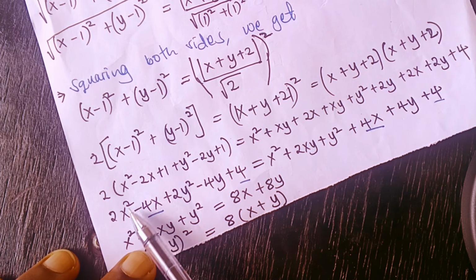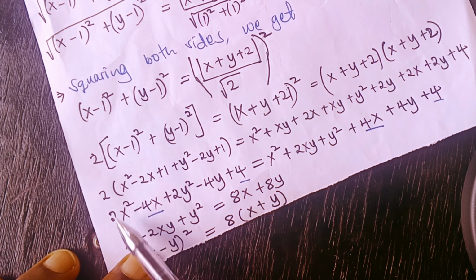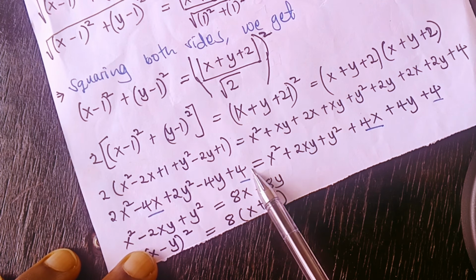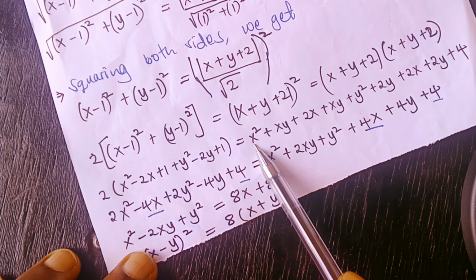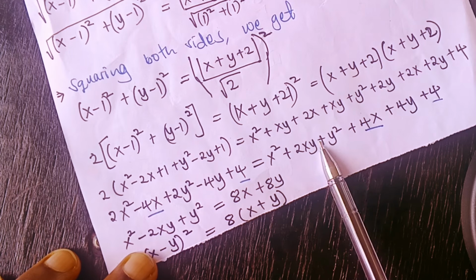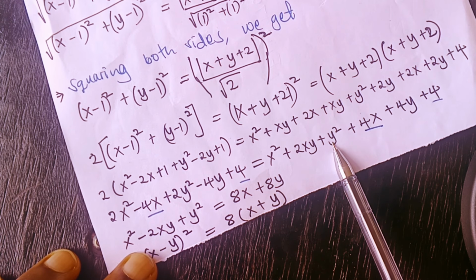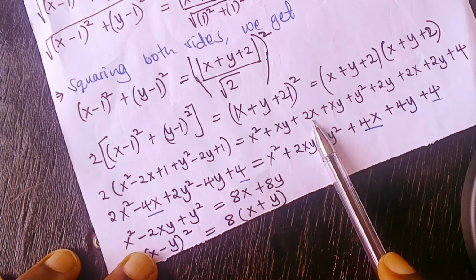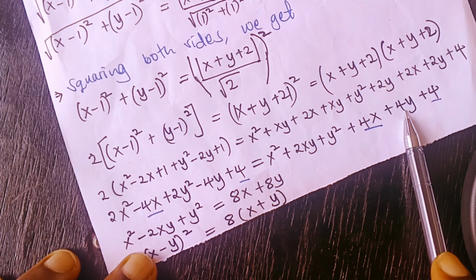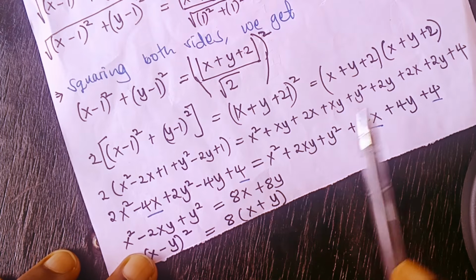So here, if you open the bracket, it's going to be 2x squared minus 4x plus 2y squared minus 4y plus 4, which will be the same as x squared plus 2xy plus y squared plus 2x plus 2x, which is 4x, plus 2y plus 2y, which is plus 4y, plus 4.